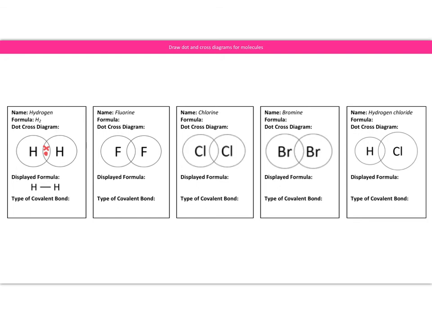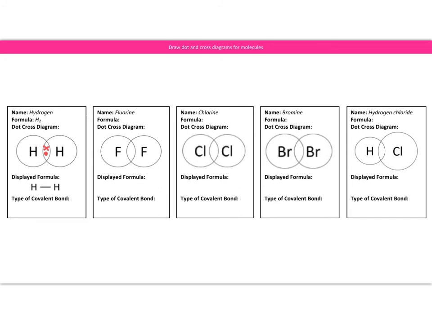And then as a final check, you would go around the element and count the electrons around that element, because remember that the result of all bonding has to be a full outer shell. So if I go around the hydrogen on the right and I count, I go 1, 2. So I've got 2 electrons on that outer shell for hydrogen.